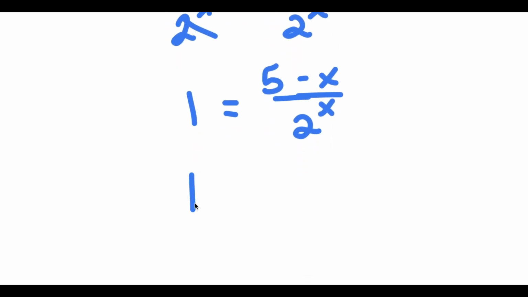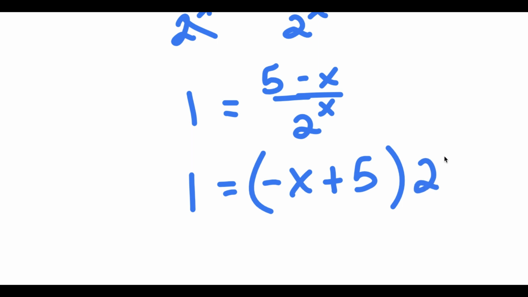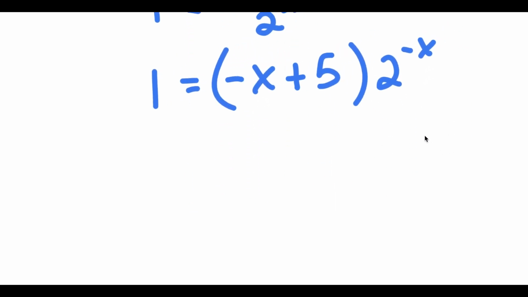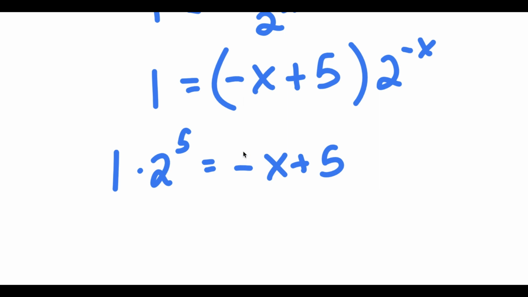Now, this is the same thing as negative x plus 5 times 2 to the power of negative x. And if I multiply both sides by 2 to the power of 5, I get 1 times 2 to the power of 5 is equal to (negative x plus 5) times 2 to the power of negative x.